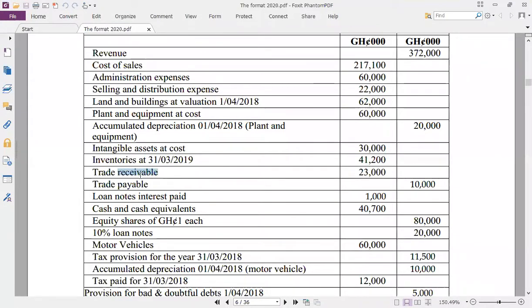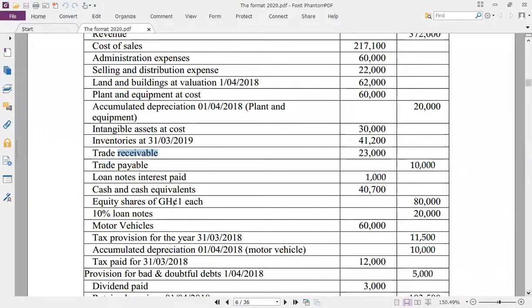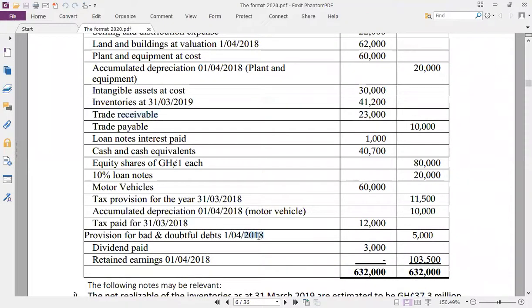And we said that if there's a provision for bad debt, let's check first if there's a provision for bad debt, which we have to subtract from the receivables. The provision is 5,000, right? Cool. So there's a provision for bad debt in the question. The receivable is 23,000, right? So let me do what?